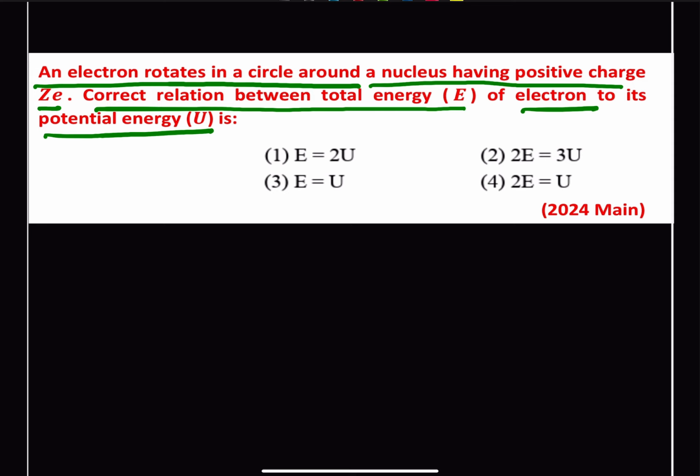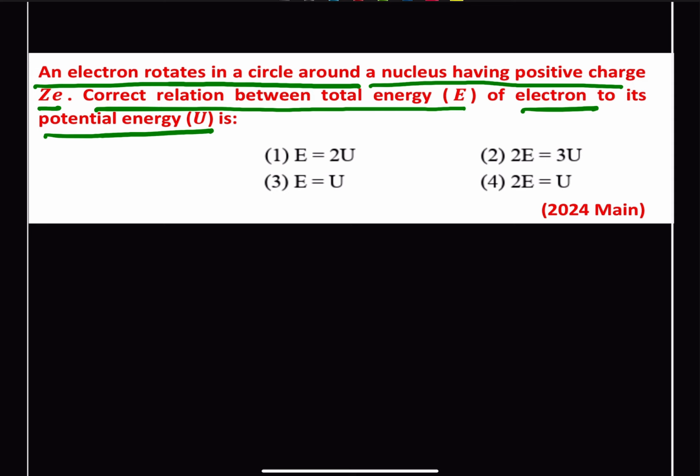Total energy will be equal to kinetic energy plus potential energy. We already know the relationship between the kinetic energy and the potential energy.